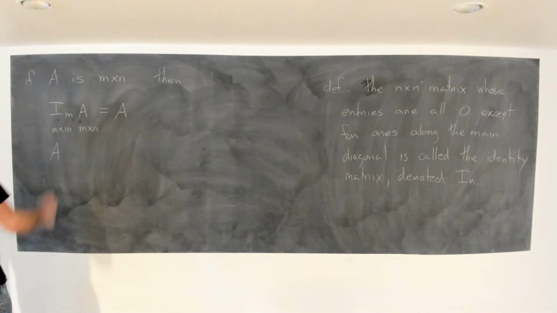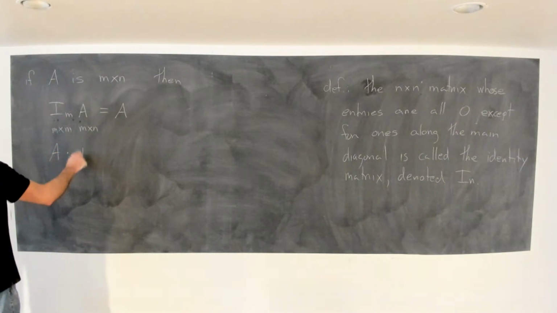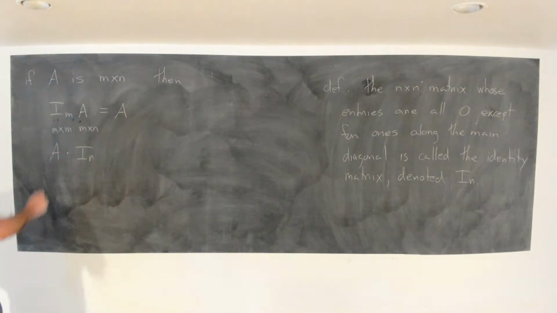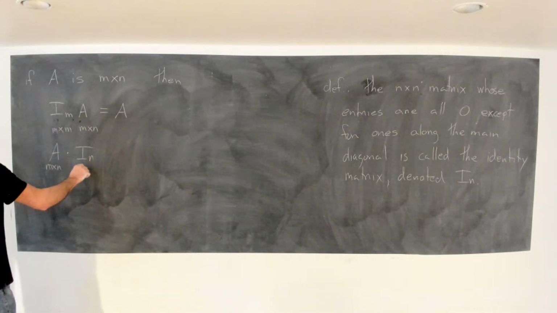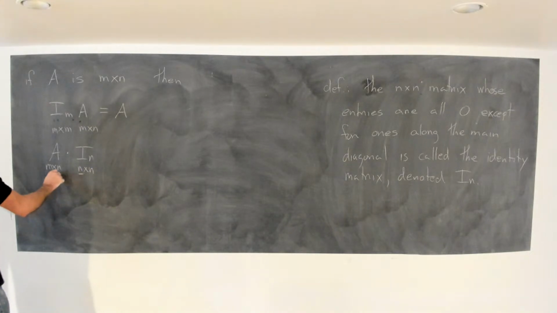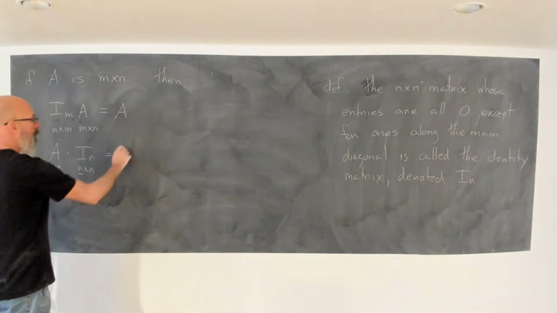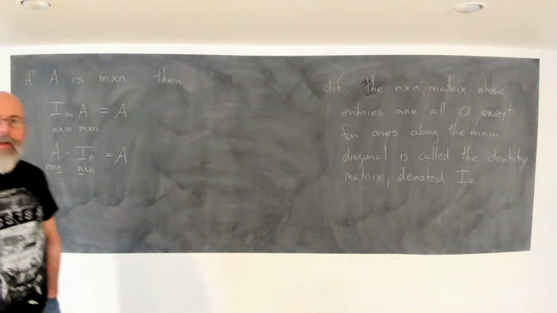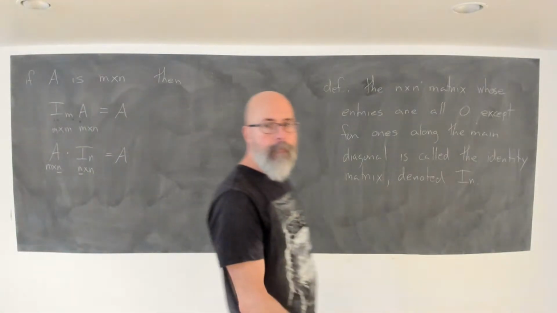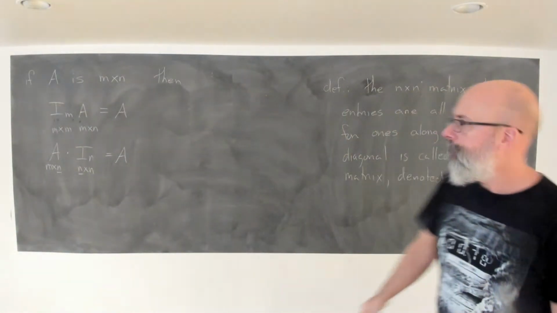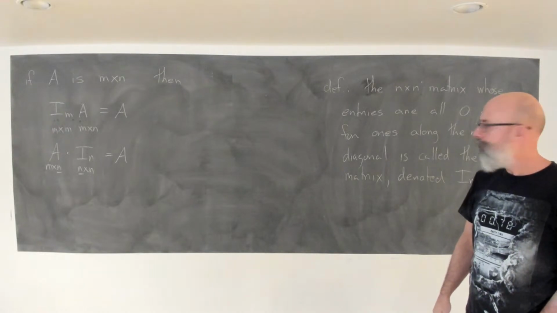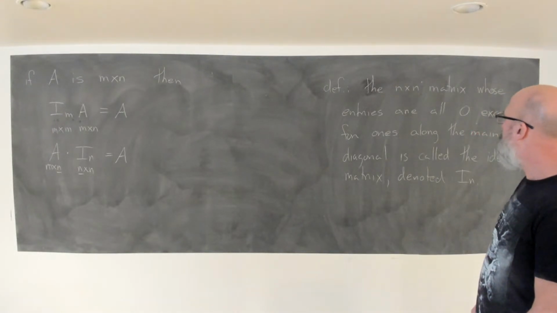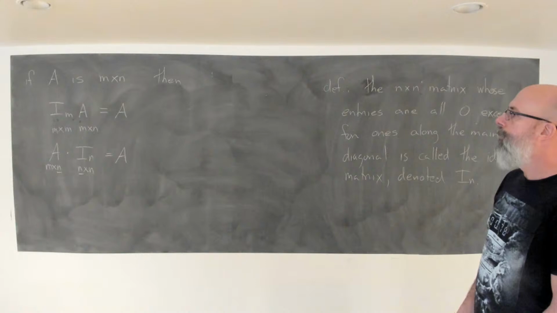And similarly, A times the n by n identity, because again, you want the multiplication to be defined, that will result in A as well. There it is.